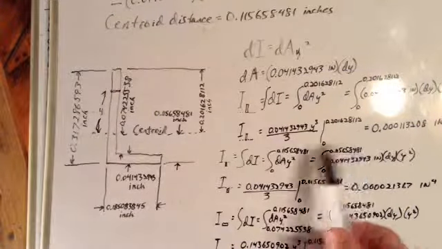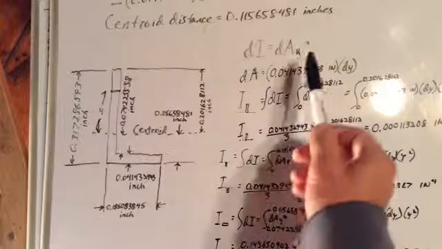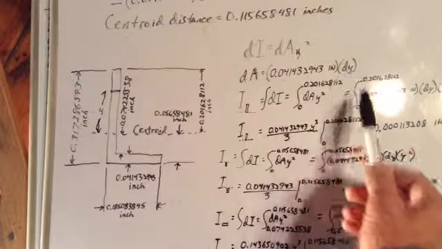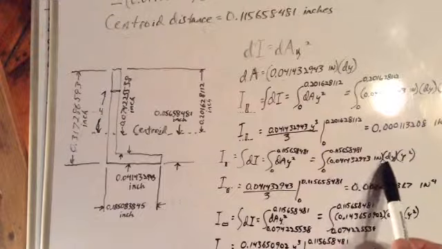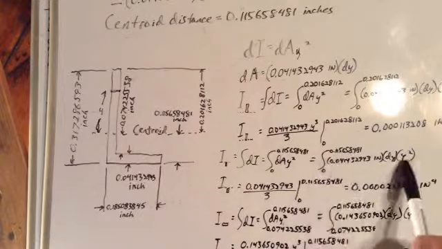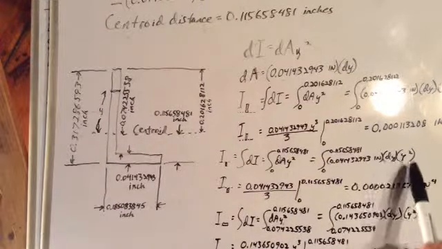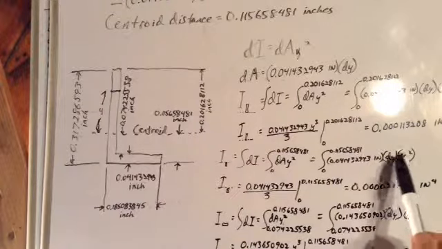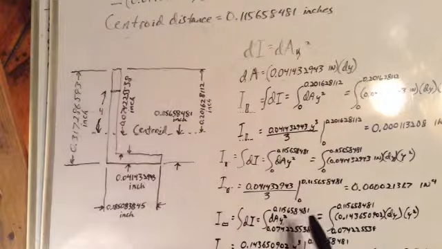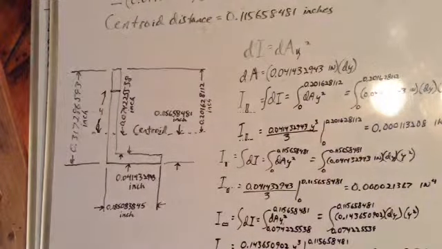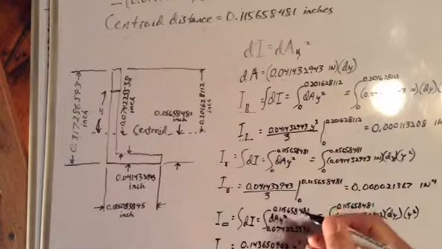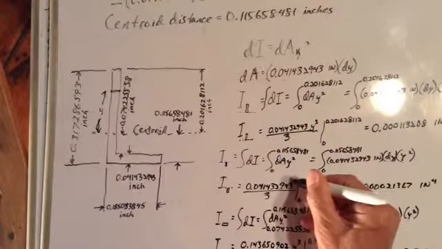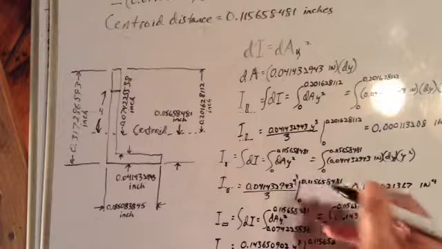Do the same thing we did with the last one. dA is equal to the thickness times dy. So we put that in there, times y squared. The integral of y squared dy is y cubed over 3. Uh-oh, I didn't write that in here, did I? Let's throw us a little y cubed in there.